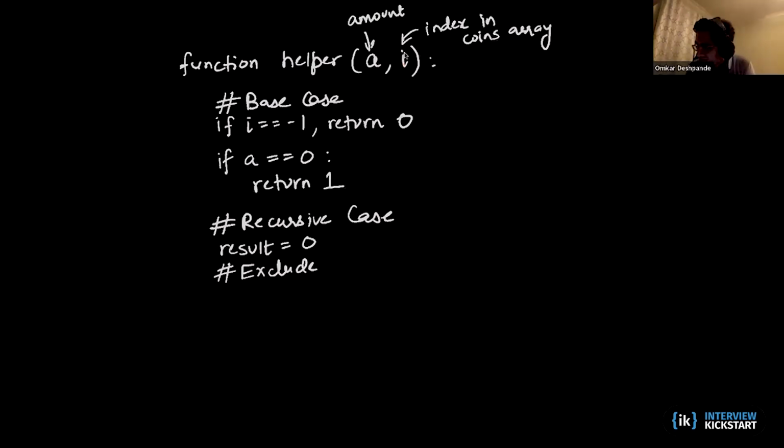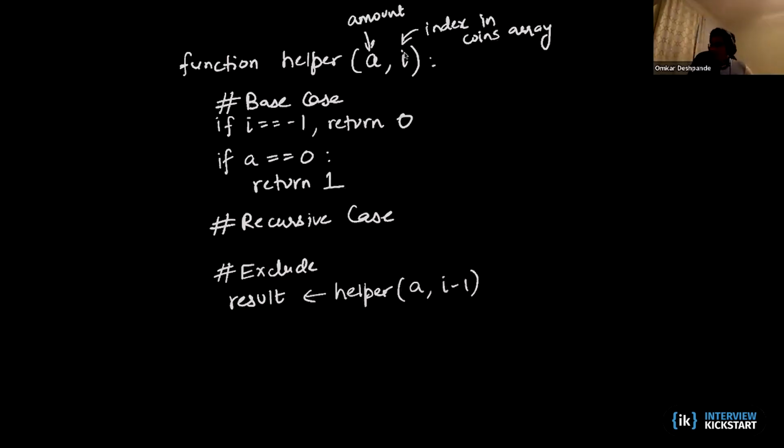So I call with the same amount, but do away with the coin that I was focused on. Whatever is returned will be stored in a result variable.